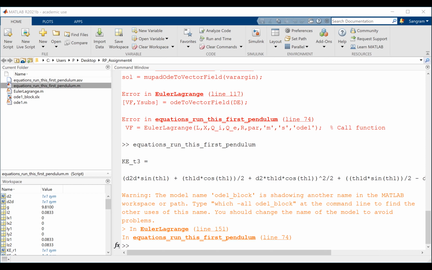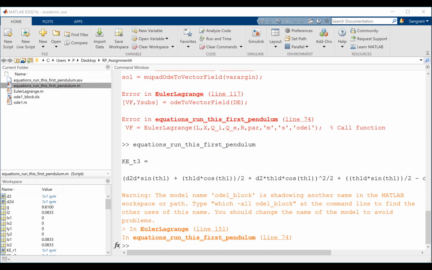M indicates that create the MATLAB file. S indicates create the Simulink function. ODE1 says the name of the MATLAB file and name of the Simulink function will be ODE1. Everyone understood this? That is how the code generator should be invoked.